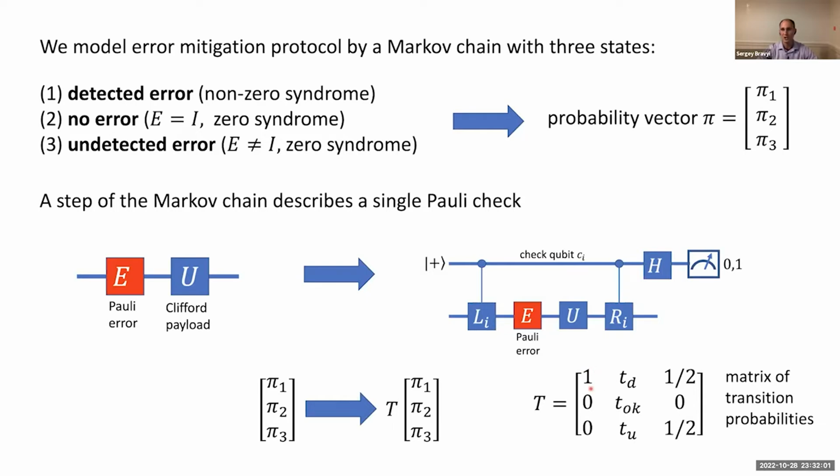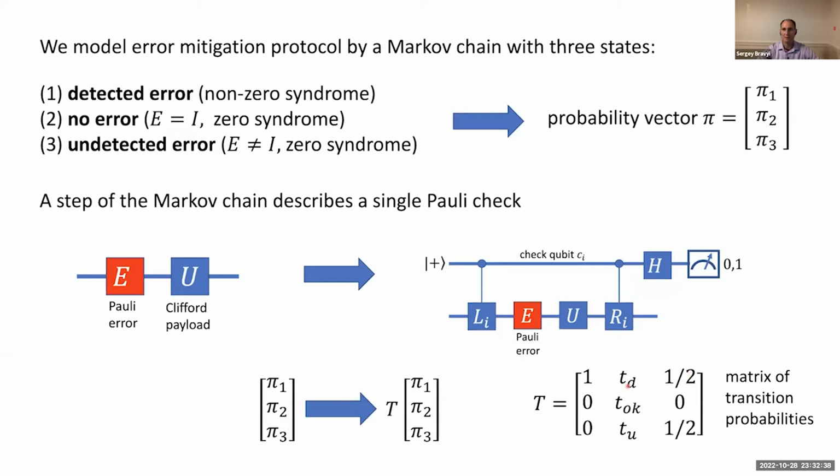For example, if the chain visits state 1, detected error, it will remain in state 1, because once an error has been detected, it remains detected forever. And if the chain visits state 3, undetected error, it can jump to state 1 with probability 1/2, because we pick Pauli checks at random, so the probability of detecting any error is 50%.